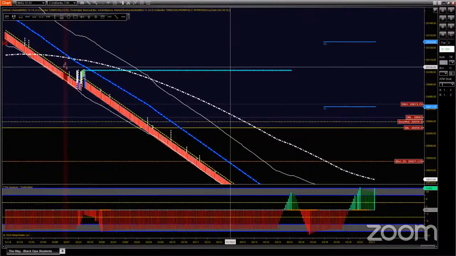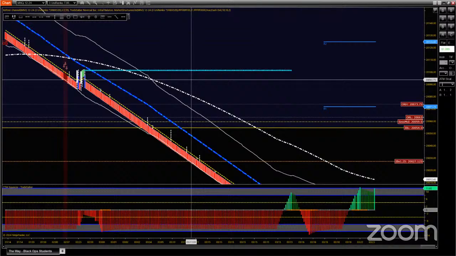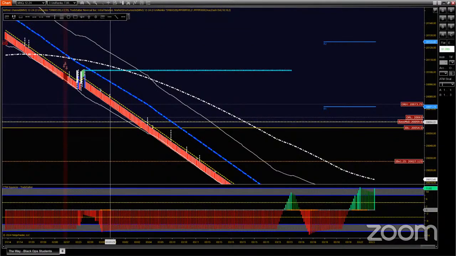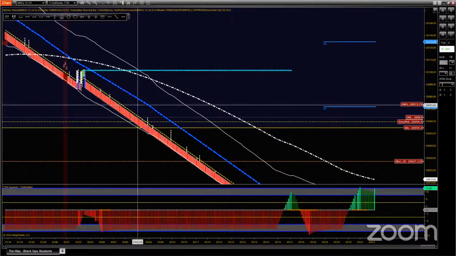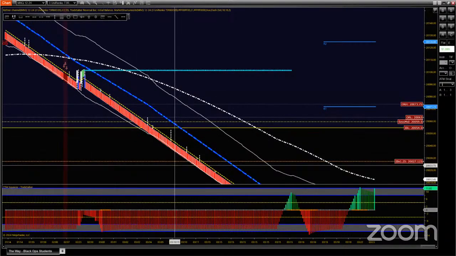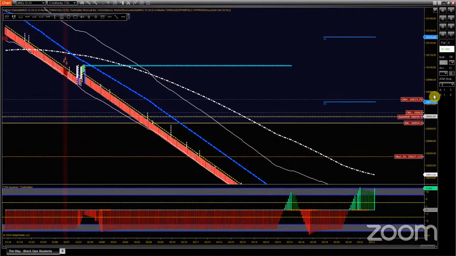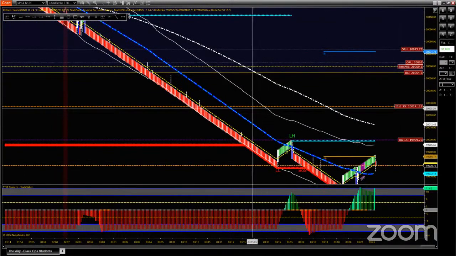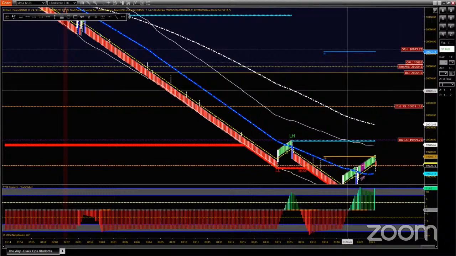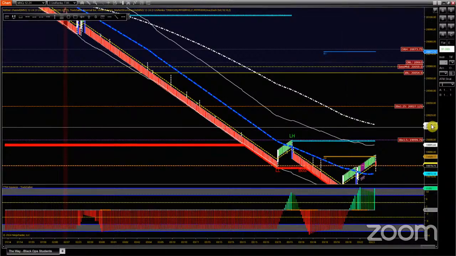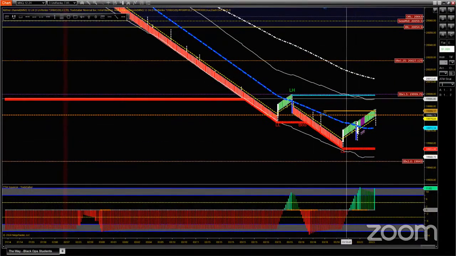Or the mid session, or the lower range, or since it already closed there, the 1.25. You have a lot of profit targets and a lot of opportunity to get in and out. This actually went down close to the 2.0, but that's good.